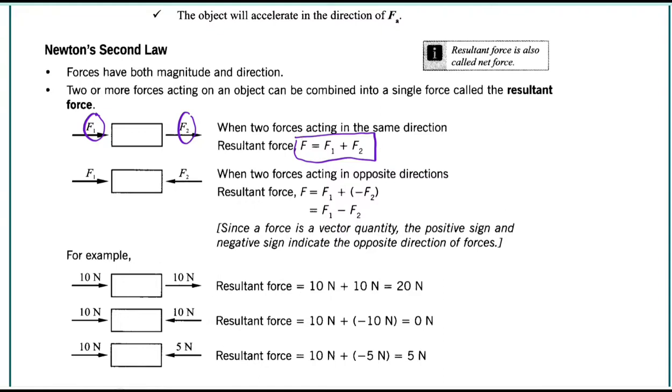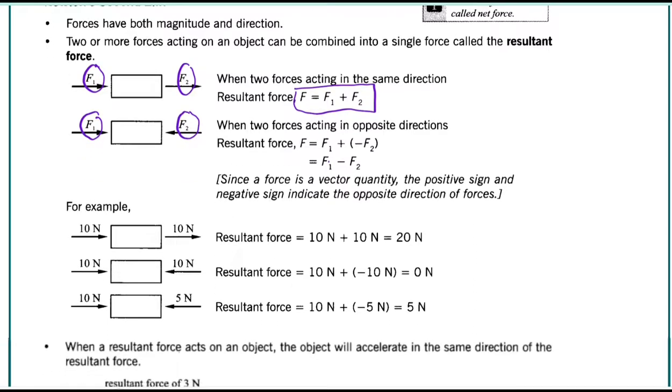If they go in opposite directions, we subtract F2 from F1, whereby the resultant F will be equal to force number 1 minus force number 2. Since force is a vector quantity, the positive and negative signs indicate the directions of the forces.